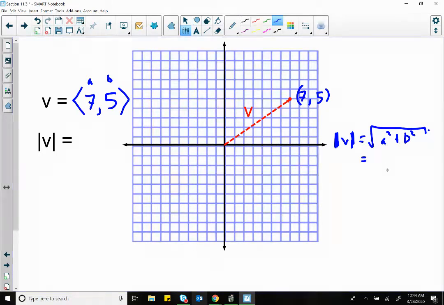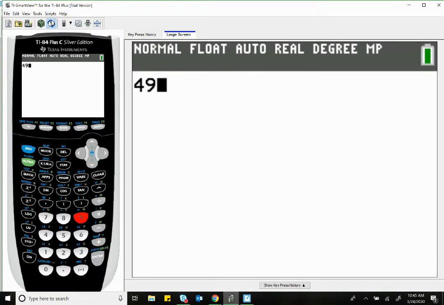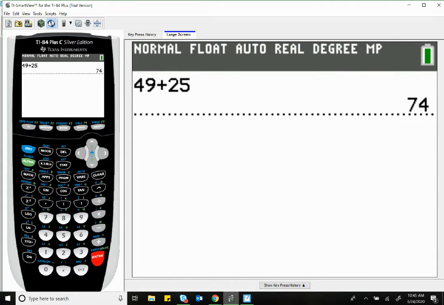So that will give you 7 squared plus 5 squared. So that's 49 plus 25, 74.